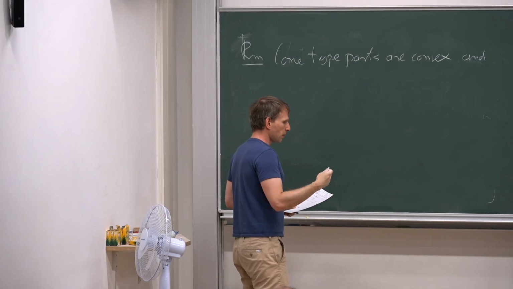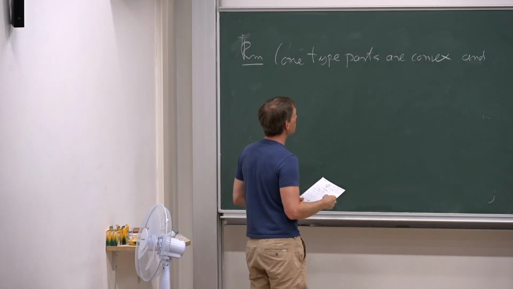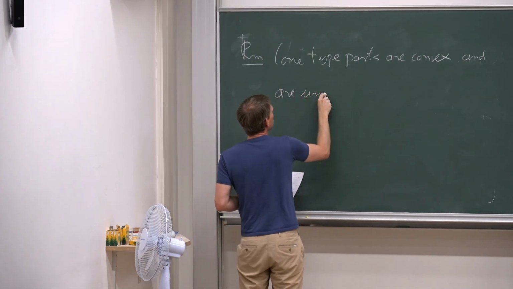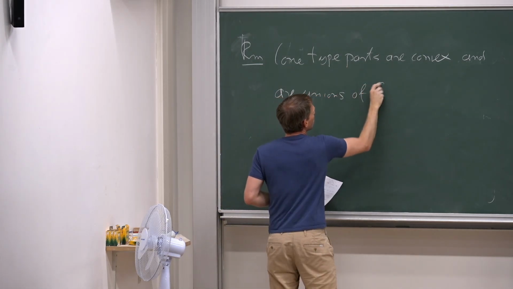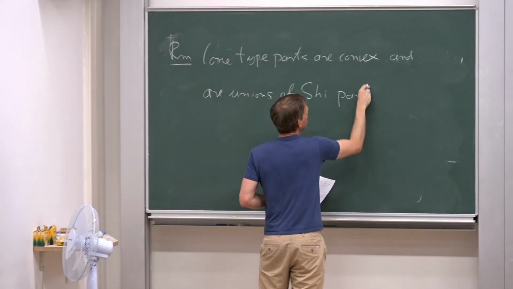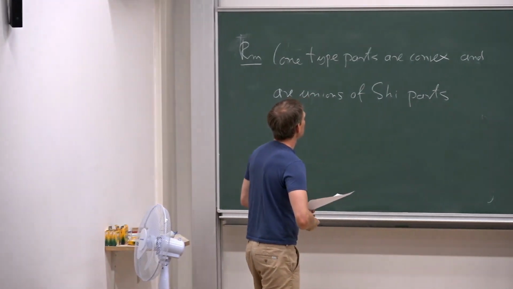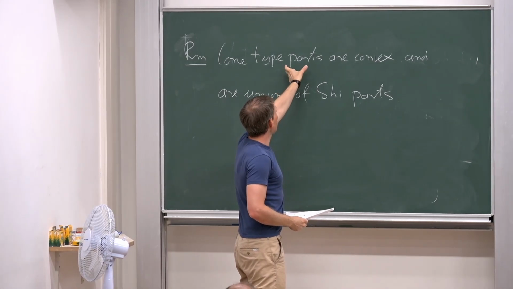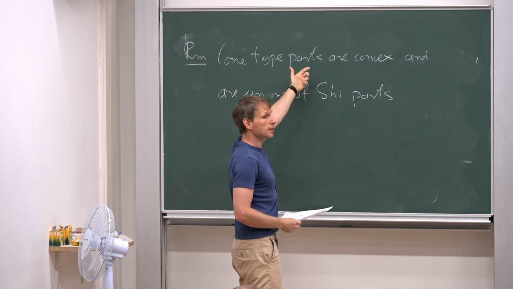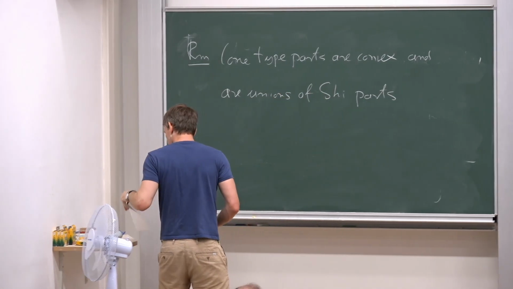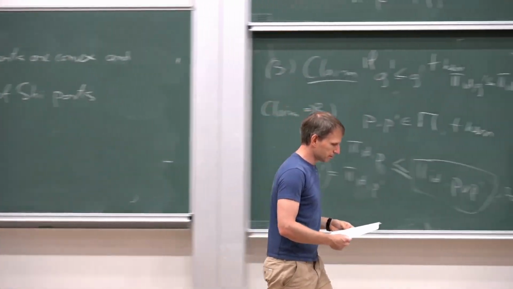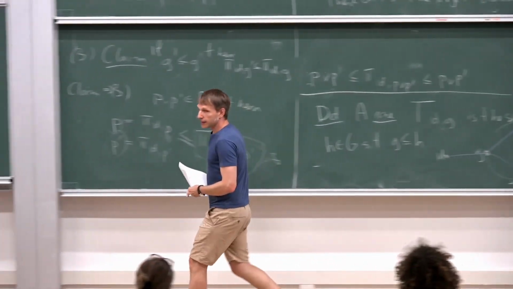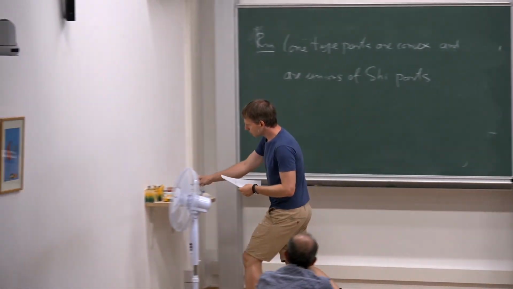So the partition into shape parts is a refinement of the partition into cone type parts, and cone type parts are unions of shape parts. So it's a decomposition, again, infinitely many parts, but which has a smaller number of parts than shape parts. So in some sense it's better. And there are analogies between this shape partition and cone type partition.